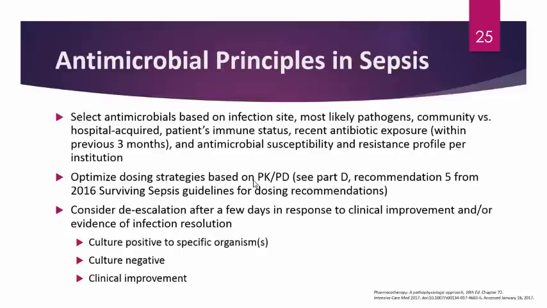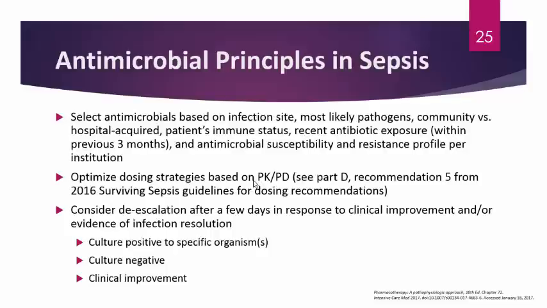Essentially, you should dose as high as possible without causing much risk. So say, for example, your patient has decent renal function, you should dose as high as possible that's allowed for that patient's renal function if the antibiotic is renally eliminated, for example. So you want to optimize your dosing strategies on those antimicrobials.